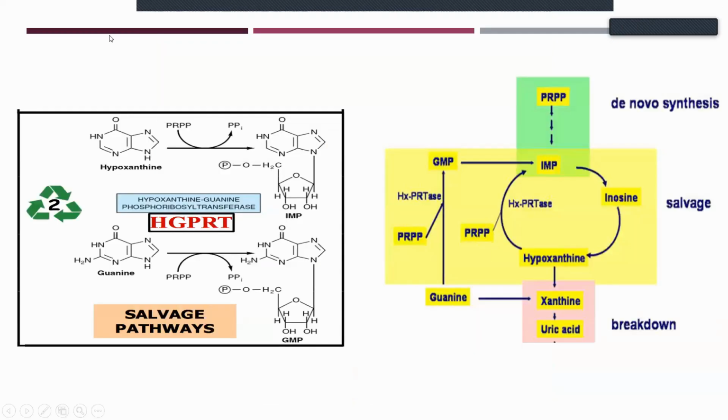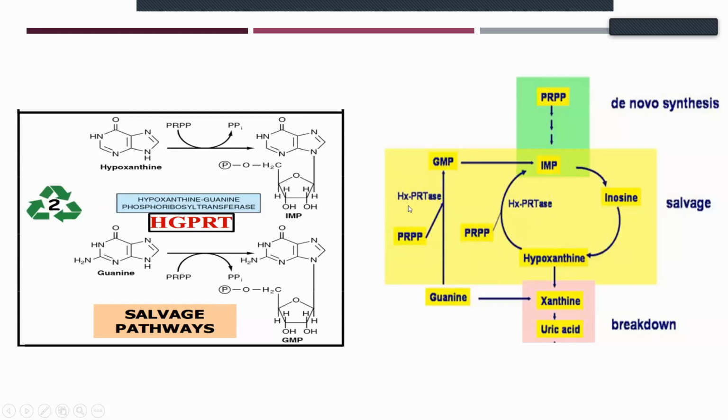Okay. So before I tell you the cause, I want you to go back to these reactions and remember which enzyme was being used. So for converting hypoxanthine and guanine to IMP and GMP, which enzyme were we using? We were using HGPRT, which means hypoxanthine guanine phosphoribosyl transferase. ठीक है, you see, hypoxanthine to IMP, this enzyme, and guanine to GMP also, this same enzyme.